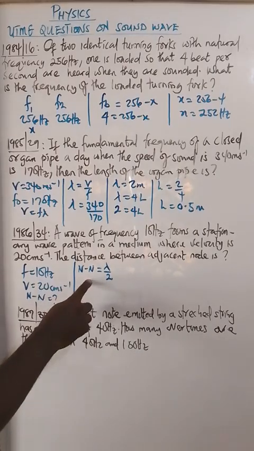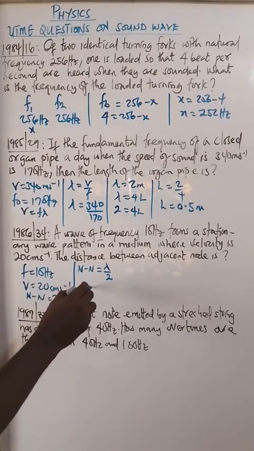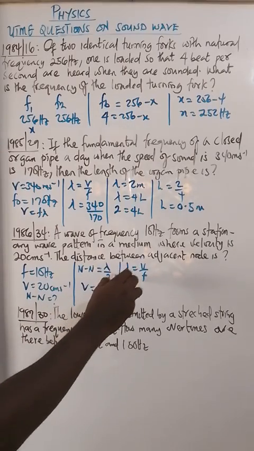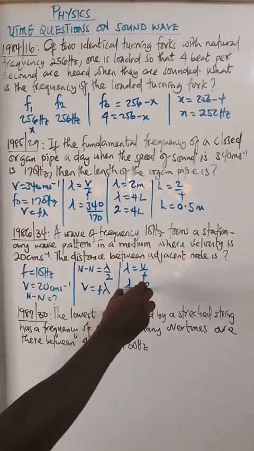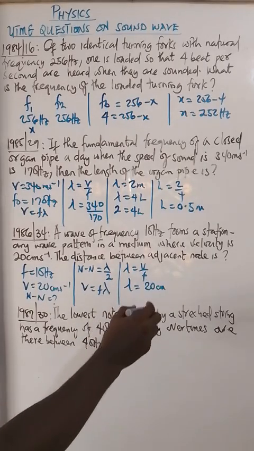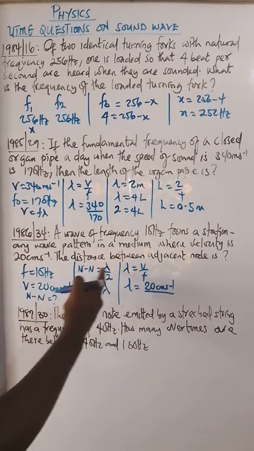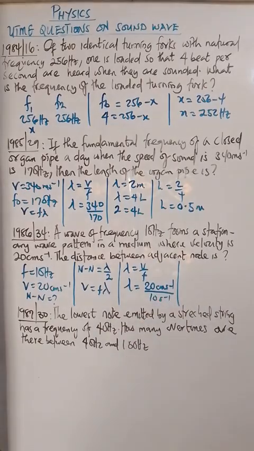So to get the node distance, we need to get the wavelength first. How can we get wavelength from here? v equals f lambda, so lambda equals v over f. So the wavelength equals the velocity, 20 centimeters per second, over the frequency, 10 per second, because hertz actually means per second.